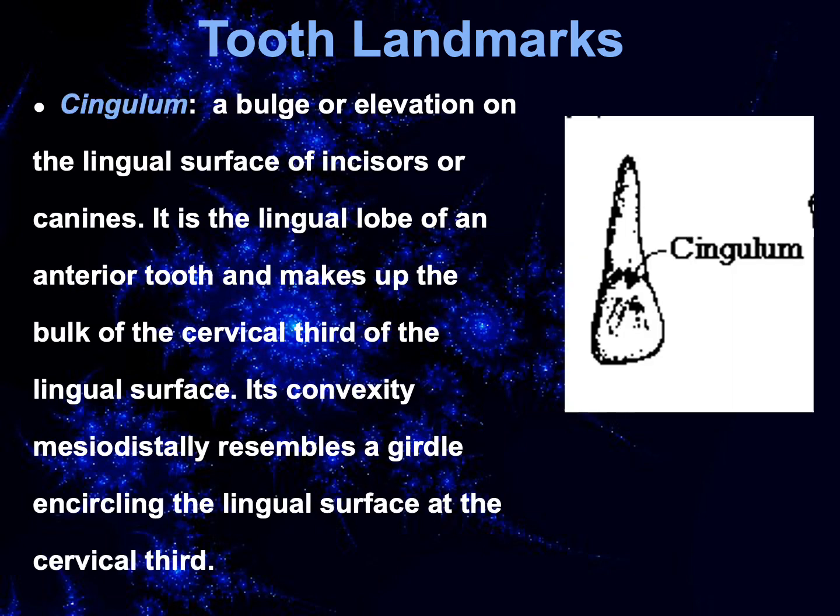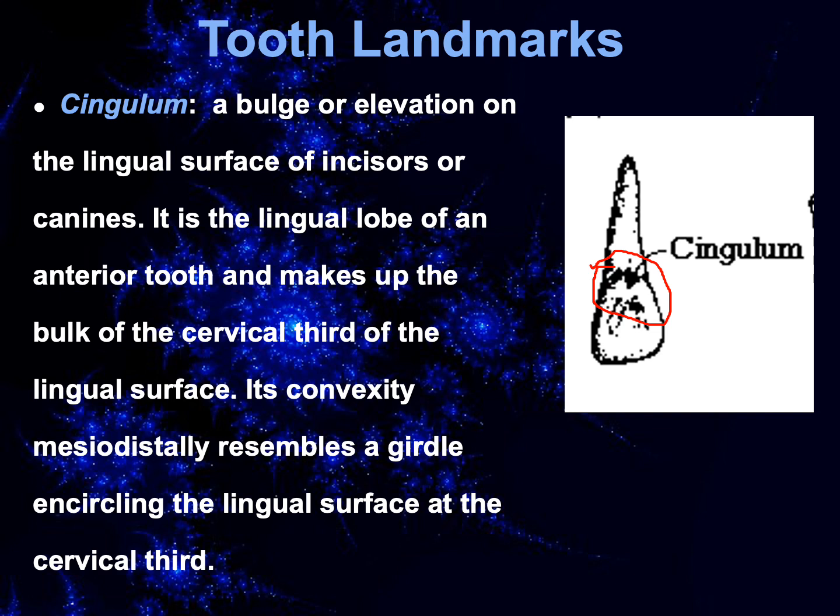The cingulum is a bulge or elevation on the lingual surface of incisors or canines. It is the lingual lobe of an anterior tooth. It locates here. We will see it in another picture now. It is the lingual lobe of an anterior tooth and makes up the bulk of the cervical third of the lingual surface.